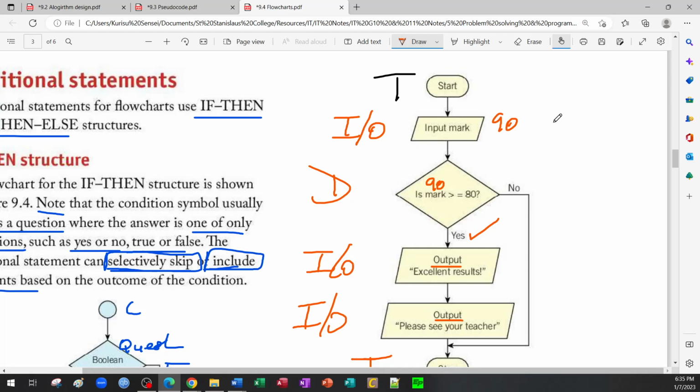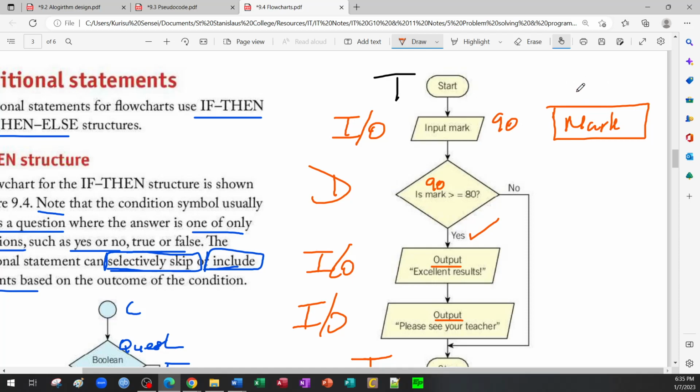Because if you're going to write the program, it's going to be more simple, because in the program you can clearly see what you're going to do with the variable, whether you're going to input a value, or say it's equal to 90. So even if you put a rectangle with "mark" and nothing else, the most that's going to happen is that it's going to confuse whoever is looking at the flowchart.